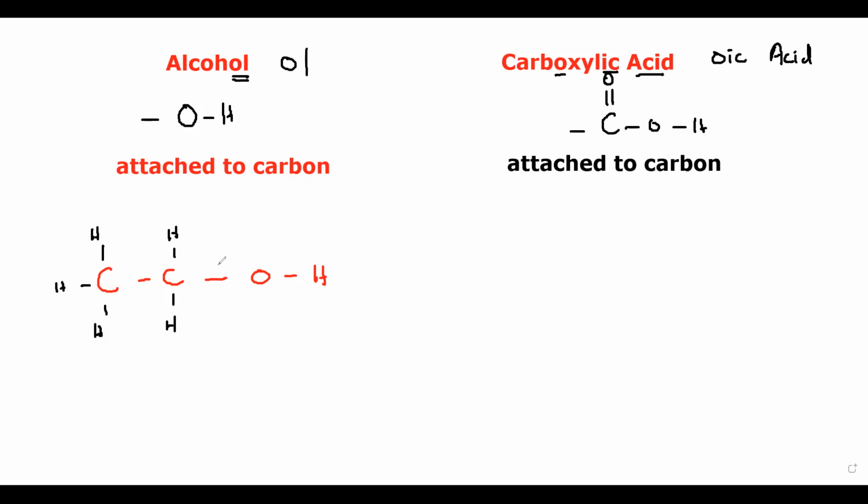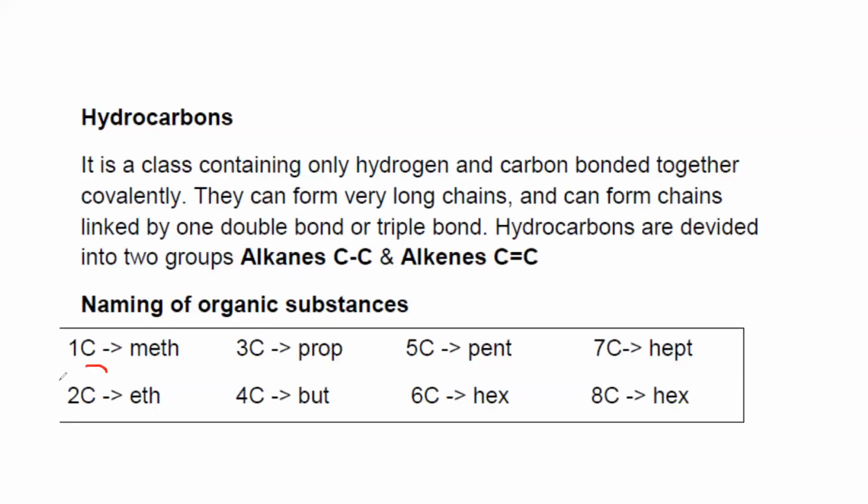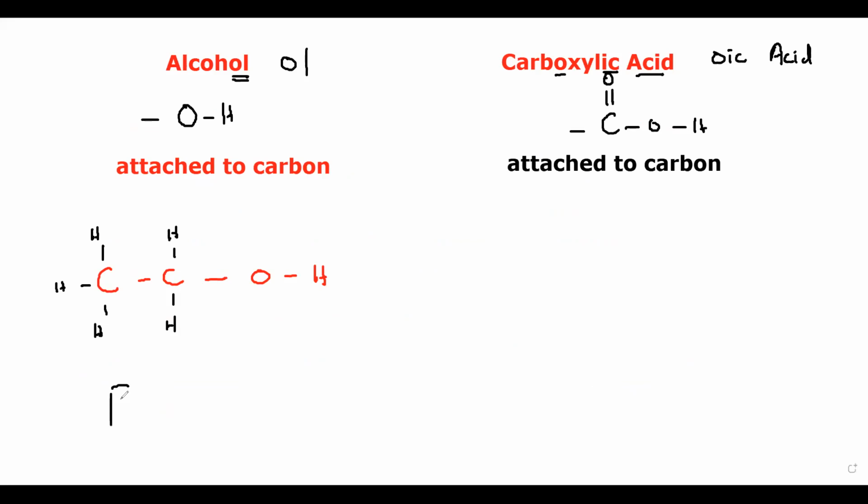Now we have to name this. We name it the same manner, for example 2 carbons. For 2 carbon atoms, it's better you learn this table, which is very important. If we have 2 carbon atoms, we'll use the term eth, because of 2 carbon atoms.